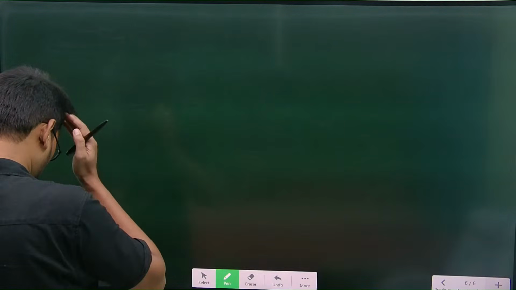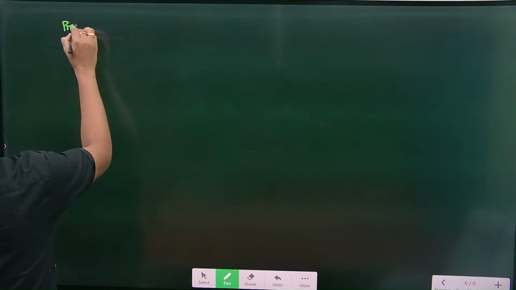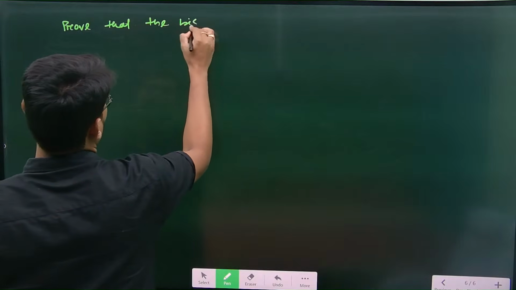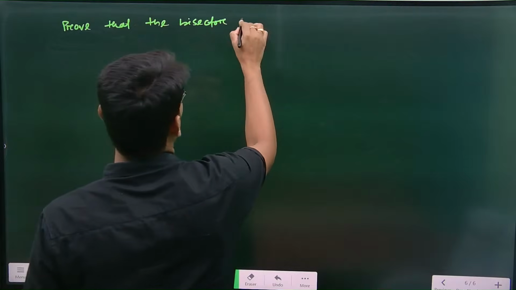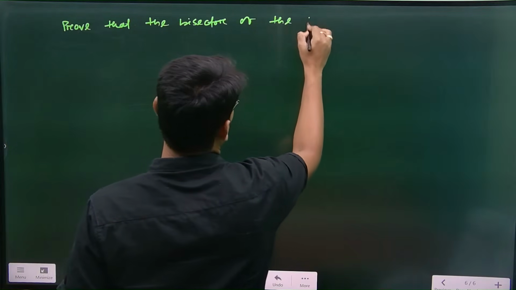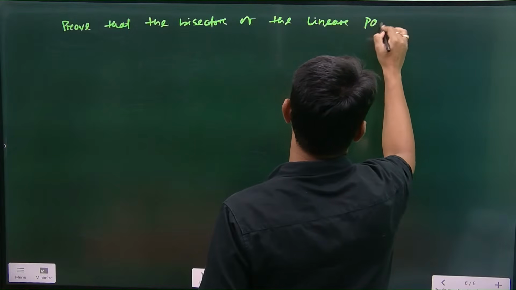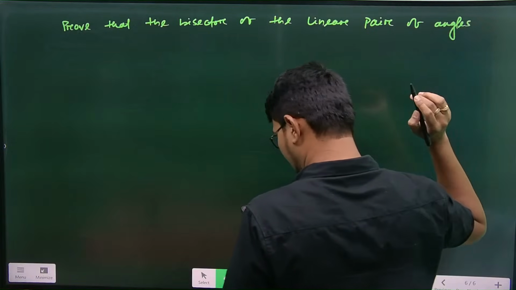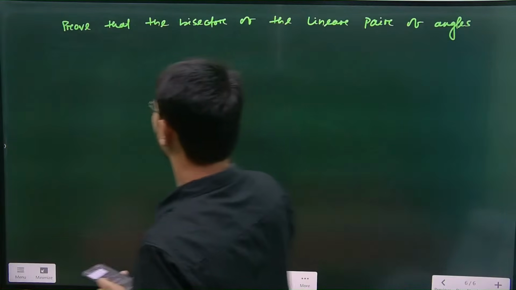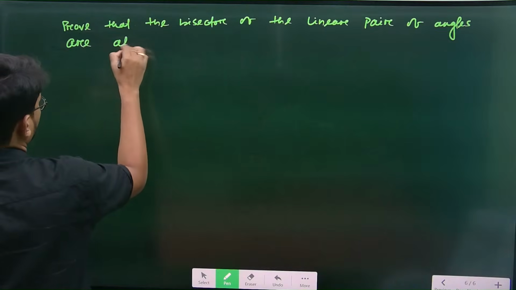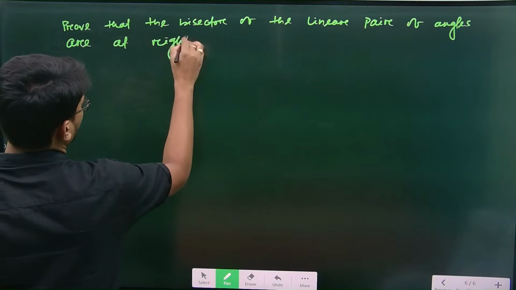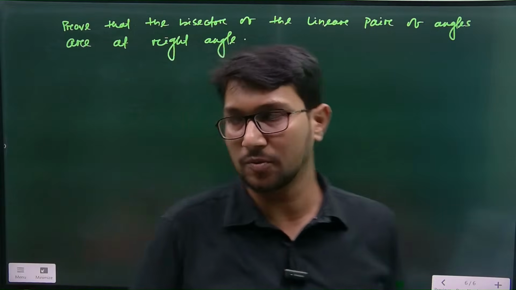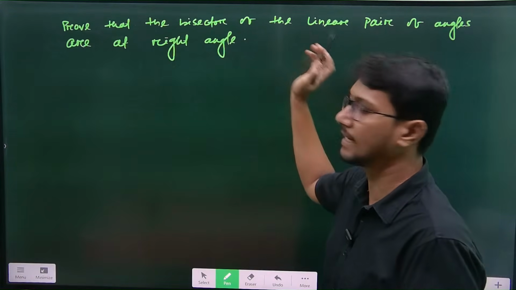You can write: Prove that the bisector of the linear pair of angles are at right angle.